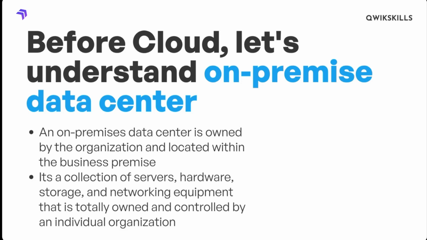Obviously you will want the servers sitting close to you, because there will be developer teams and inside network teams sitting there who will be managing that data center, and the closer you are, the latency would be less, right?